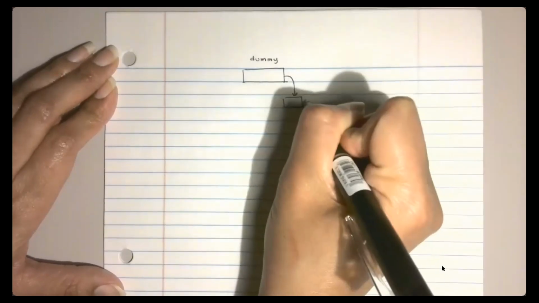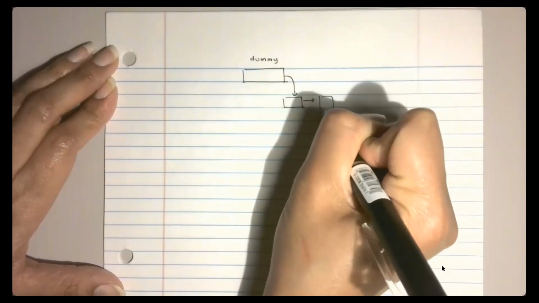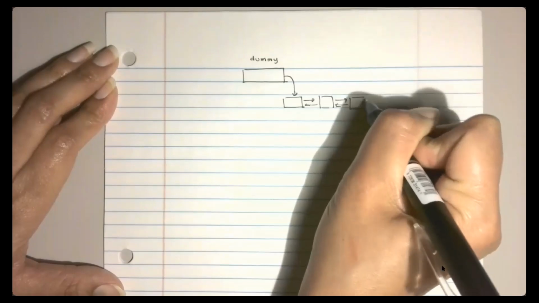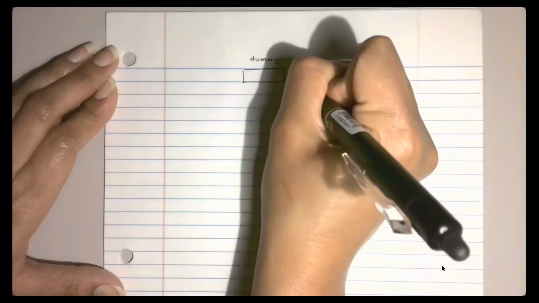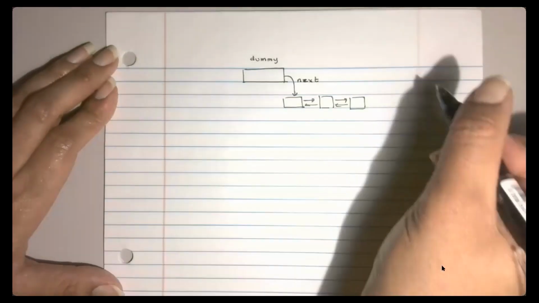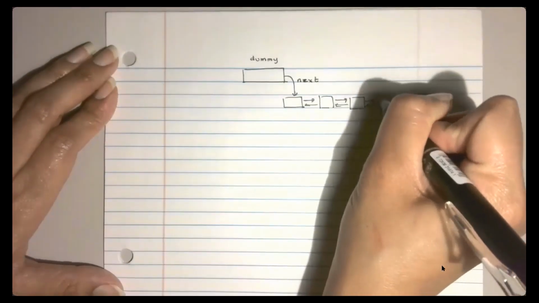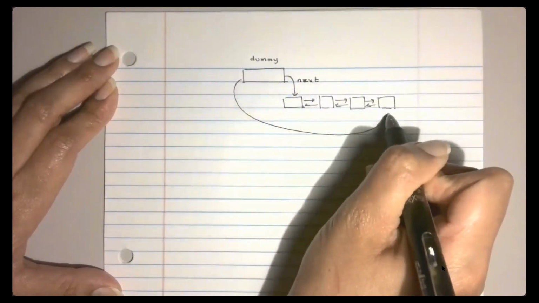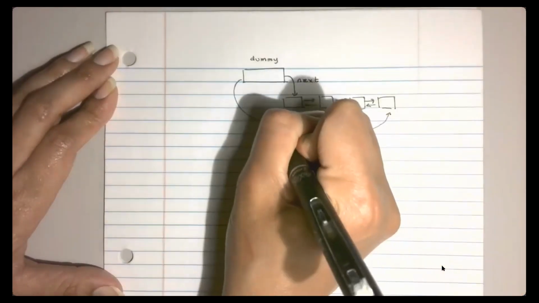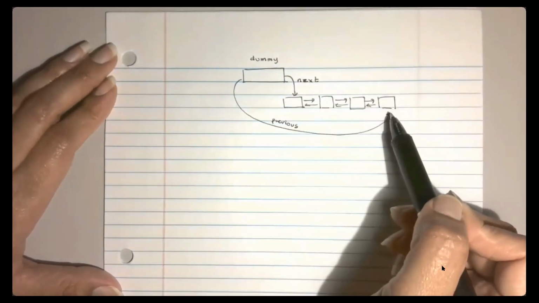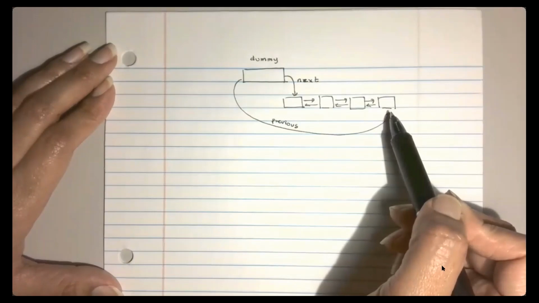So if this is our doubly linked list, it would be pointing towards the first node. So this is next. Now, its reference to previous is actually going to be pointing towards the tail of the doubly linked list.